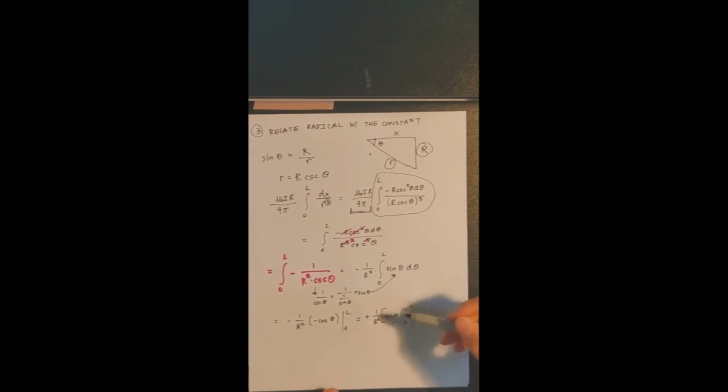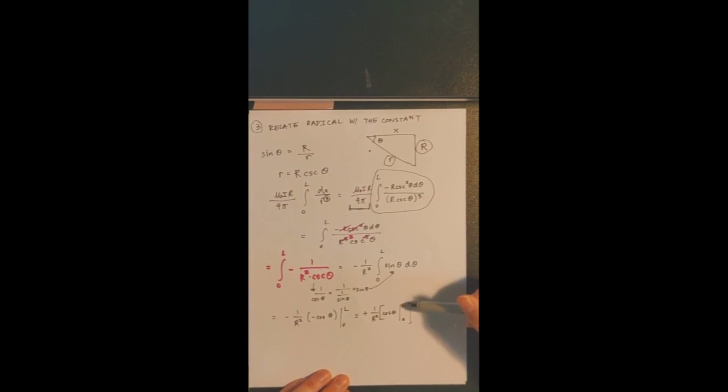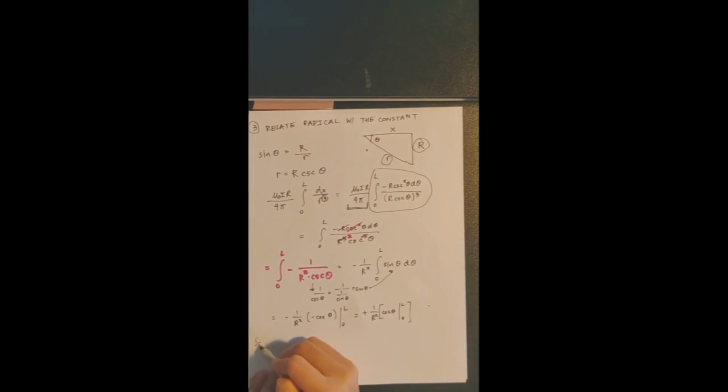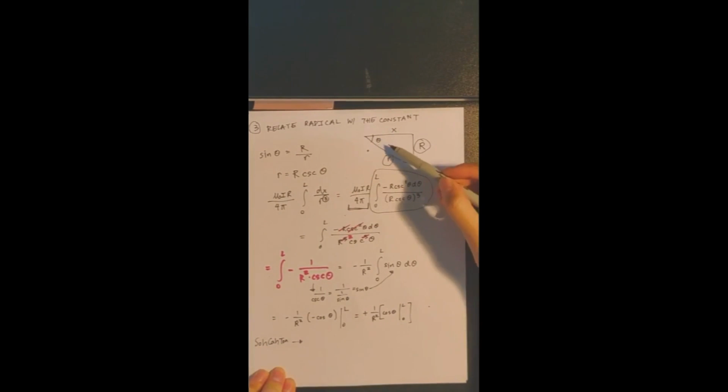But these limits don't work with a trig function, so we need to switch this back and relate it back to this triangle. And cosine, according to SOHCAHTOA, is just going to be adjacent over hypotenuse. And adjacent for our case is just going to be x, and hypotenuse is r.